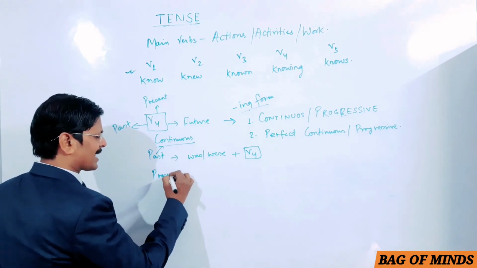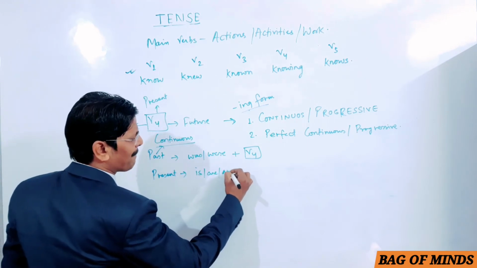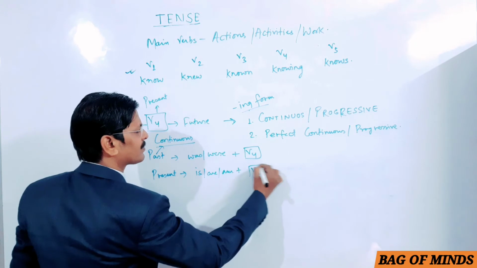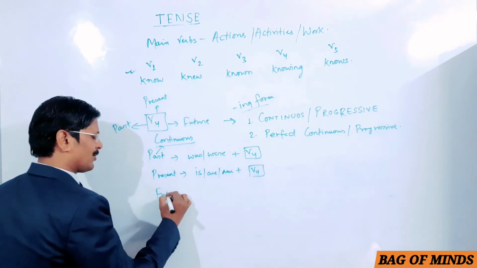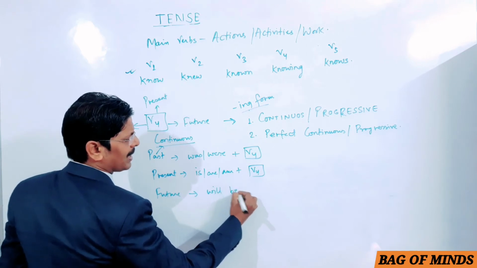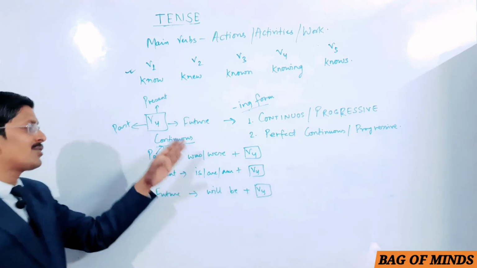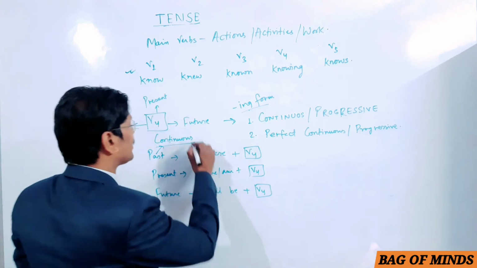Let's move to the next category, which is present, which means is, are, or am plus V4. If you talk about future, again easy, will be plus V4. So these three forms are used for continuous category.